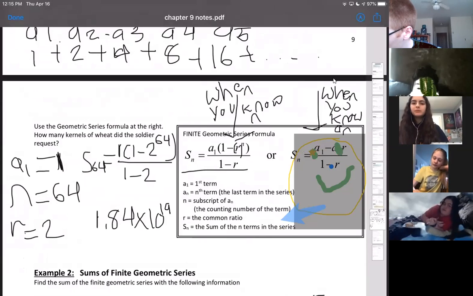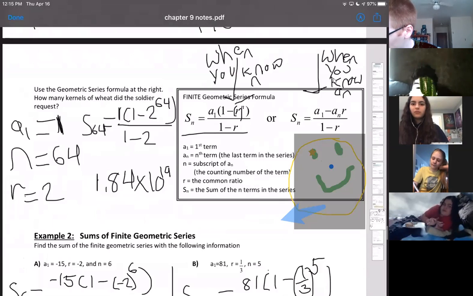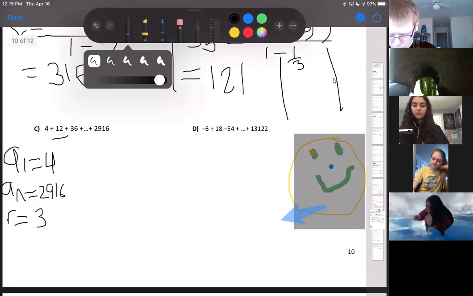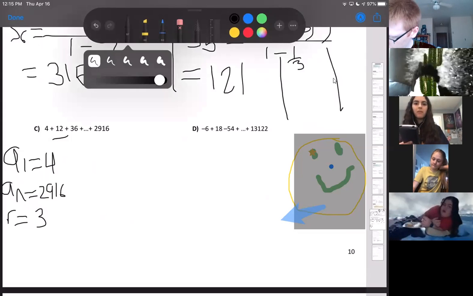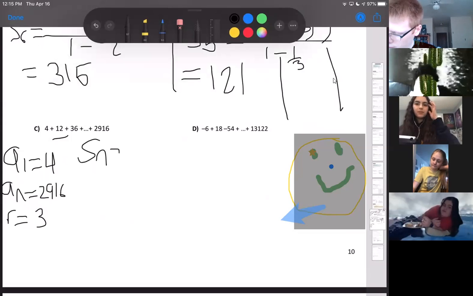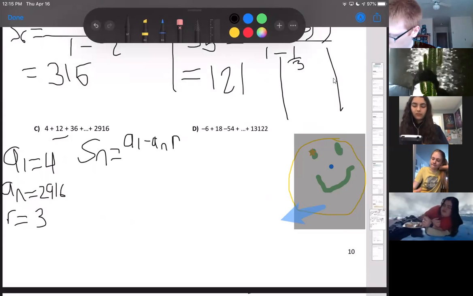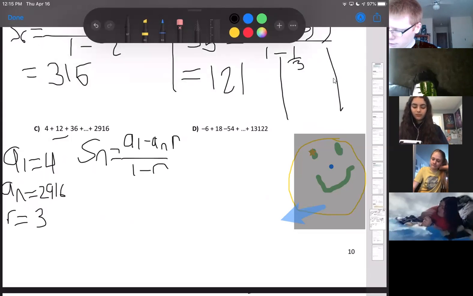So we have a1 minus a_n times r, over 1 minus r. I'll write it down here just in case you don't have it written in front of you. So we're using this formula. Just plugging in what we have, we would have S of n.